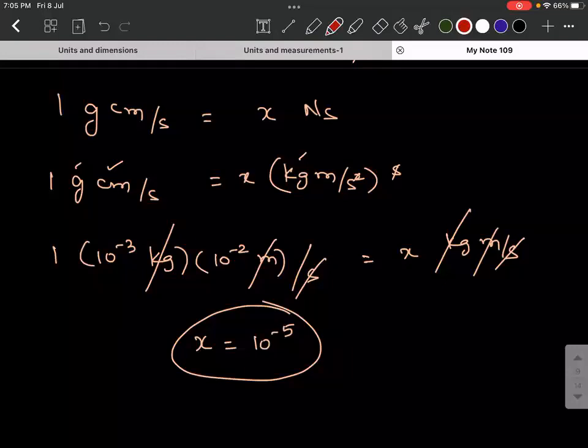I'm not sure of my schedule on Sunday, so by tomorrow evening I'll try to update. Be ready for it. Maybe a 1 hour or 1.5 hour session where I'll discuss slope and differentiation and some problems based on it. I'll not start integration.